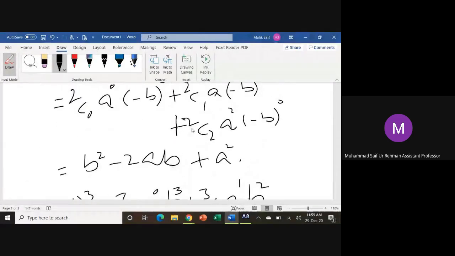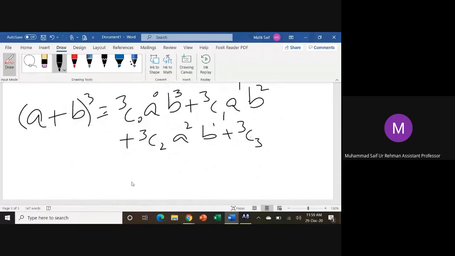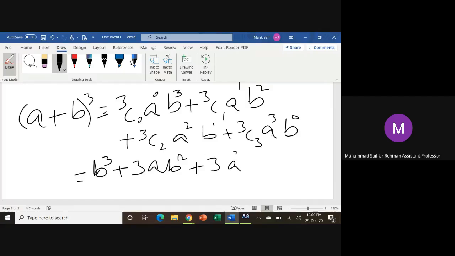You finished it at 2c2 there. Similarly, you will finish it at 3c3, a cube, and b power 3 minus 3, that will become 0. So now you can open it. 3c0 is 1, a power 0 is 1, b cube, plus 3c1 is 3, 3ab square will be there, plus 3c2 is 3, so 3a square b, plus 3c3 is 1, b power 0 is 1, so you will remain with a cube.